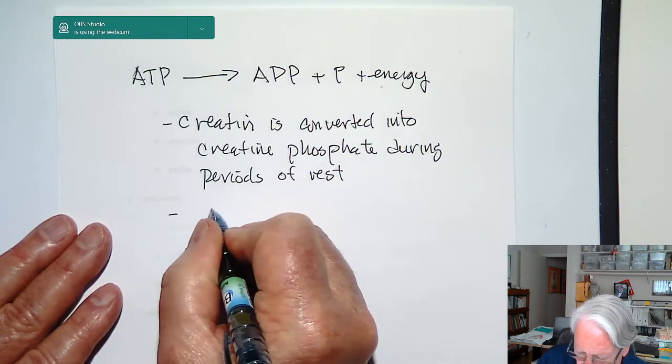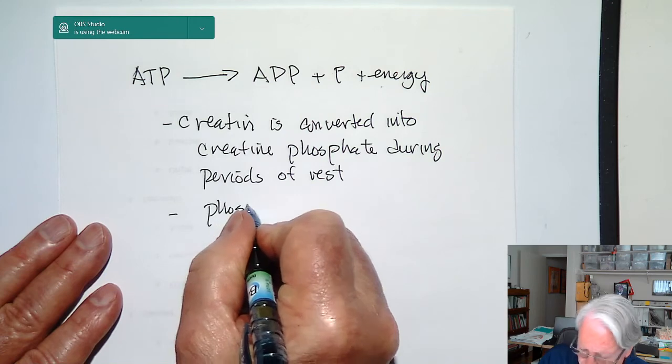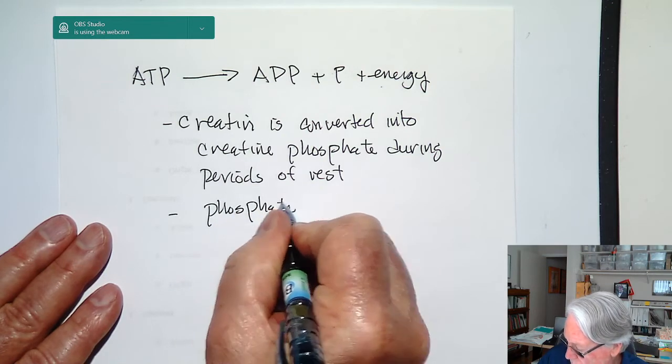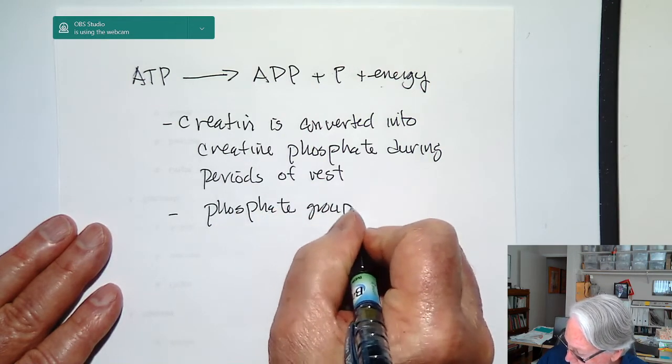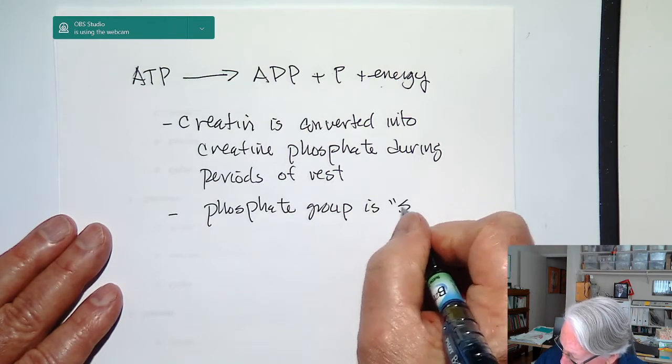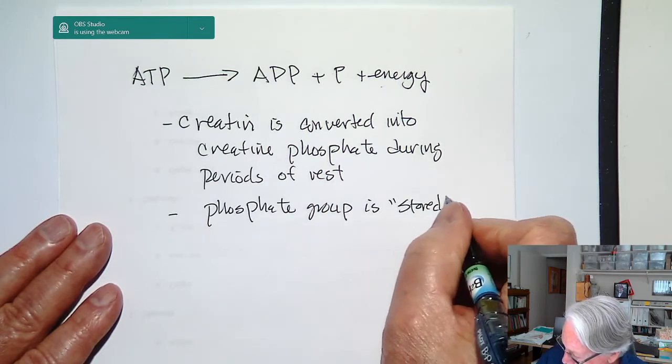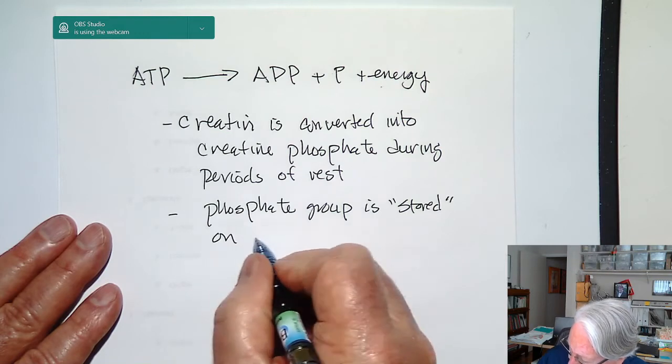The phosphate group is stored on creatine phosphate.